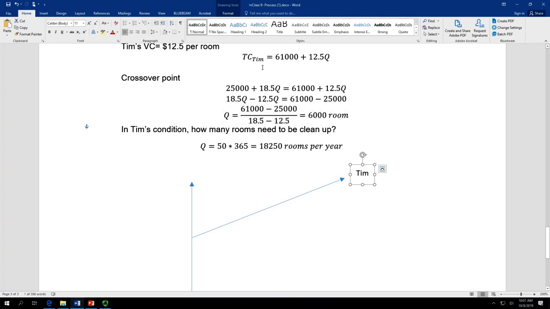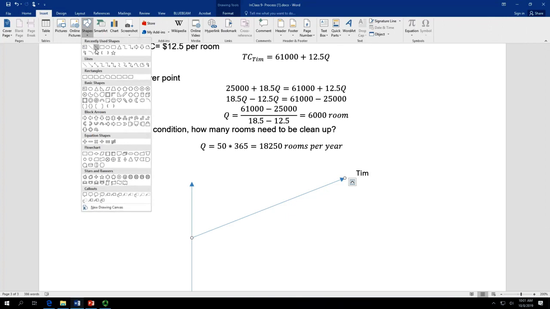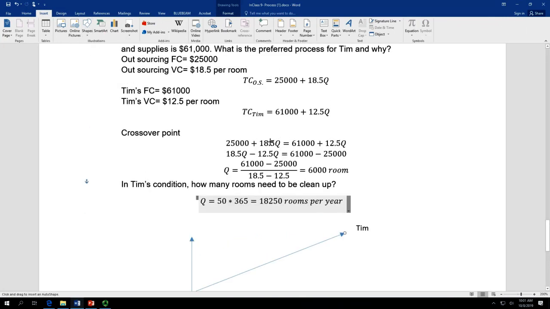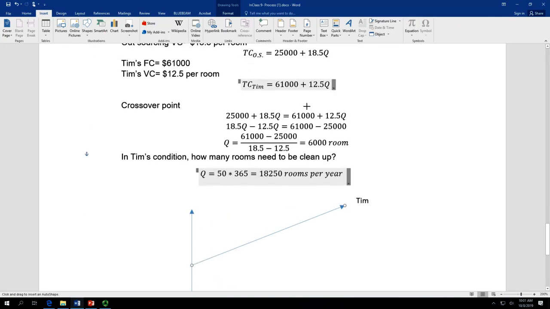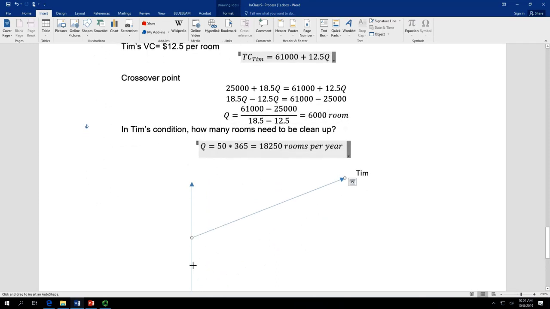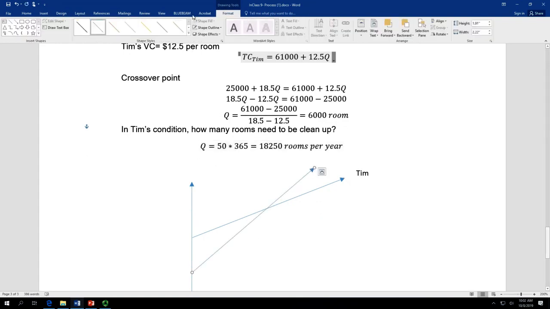Teams is high and low. And for another one, we want to insert and draw another line. 25,000 is a smaller intercept, but it has a higher slope. So this line is Duffy.